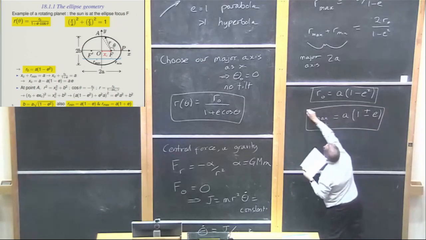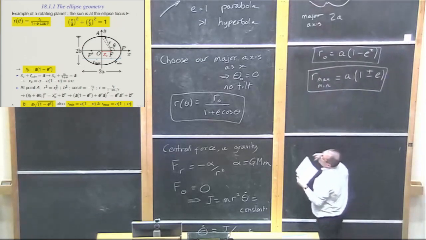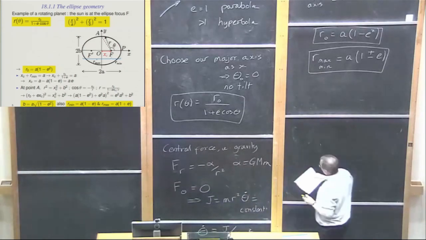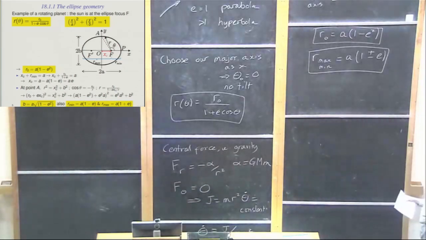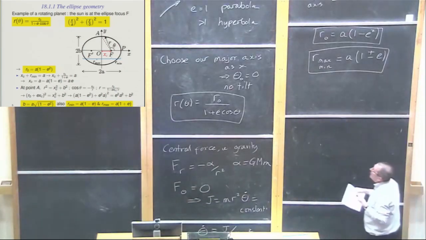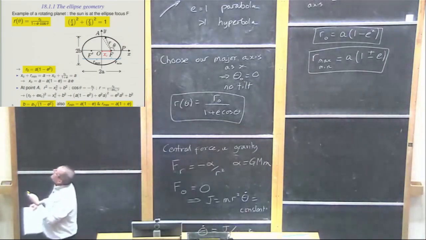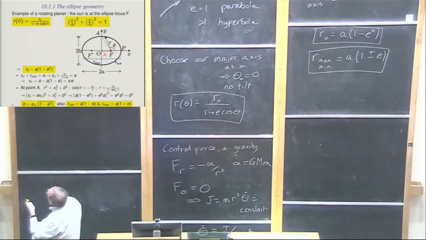These are actually the relations which happen to be on the bottom of the slide, but it's best to note them here. Now let's try and bring b to the party, to get an expression involving b, the semi-minor axis.